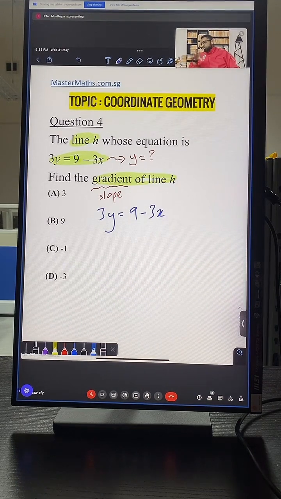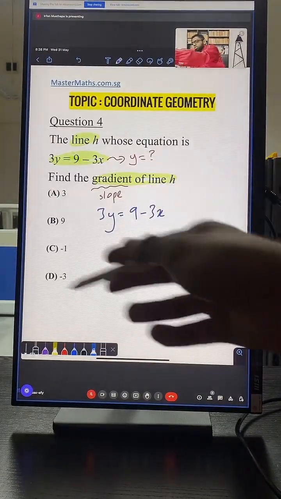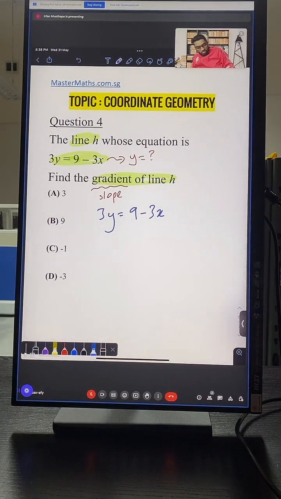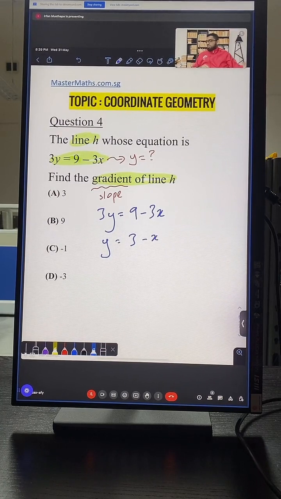What you want to do is make y the subject of this formula. So y is just equal to everything divided by 3. 9 divided by 3, you're going to get 3. 3x divided by 3, you're going to get just 1x.